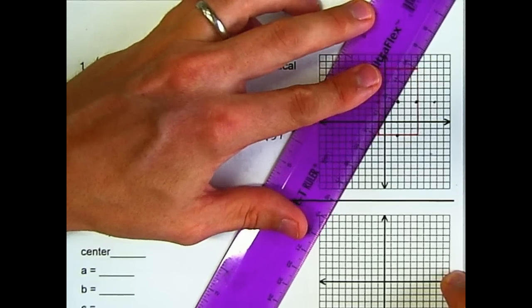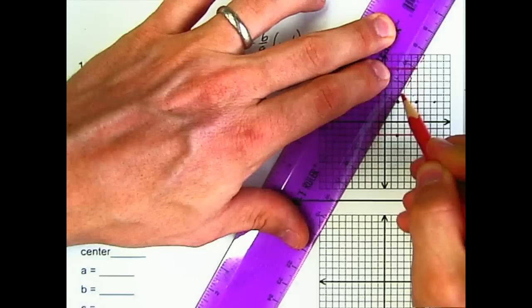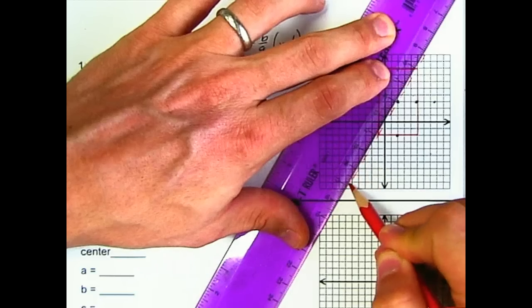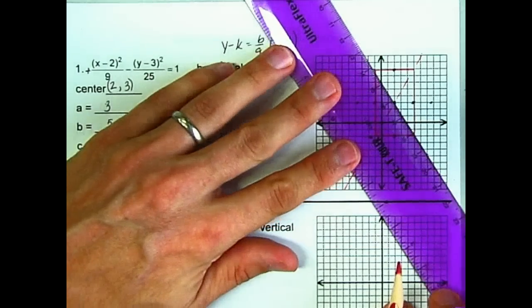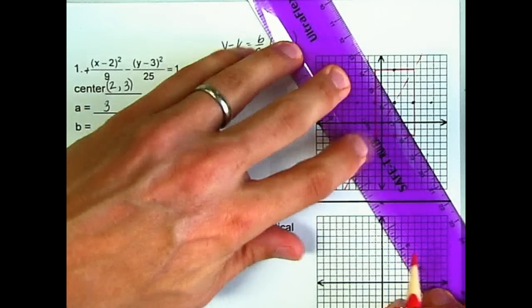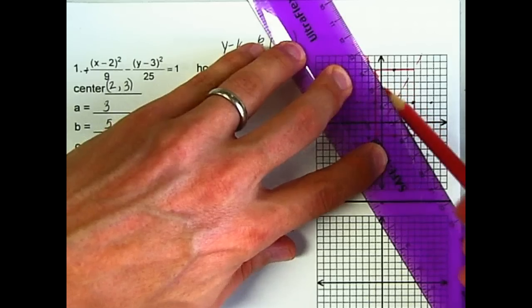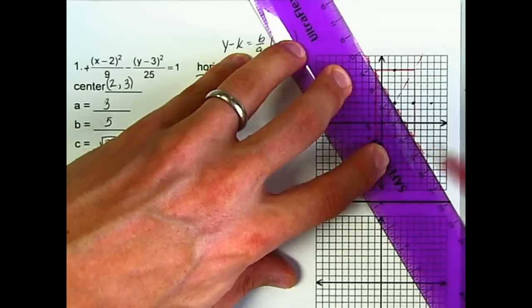So without even knowing the equation of the asymptotes, we can at least draw them, and get a relatively good picture of what our hyperbola is without actually knowing the equation of the asymptotes of the hyperbola. So here are those two asymptotes.